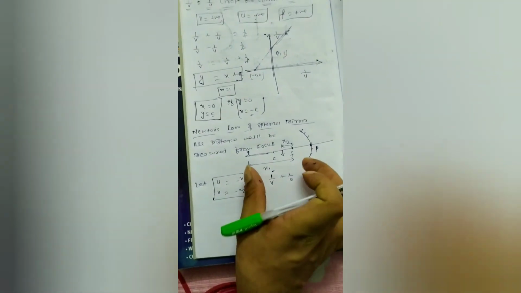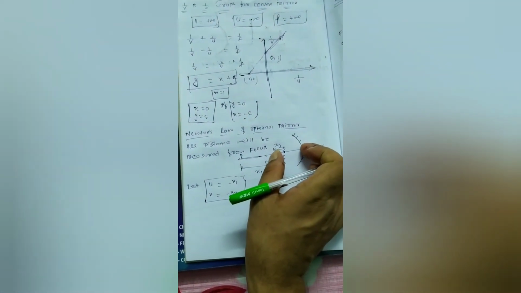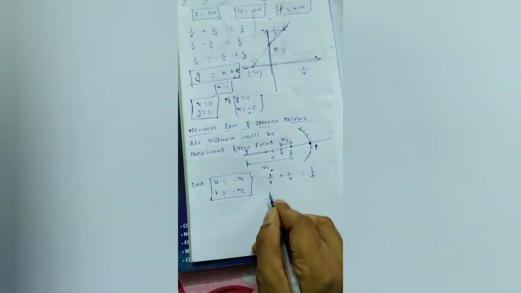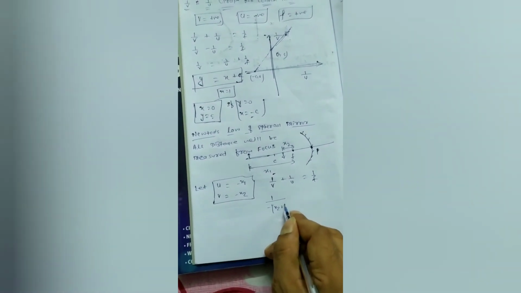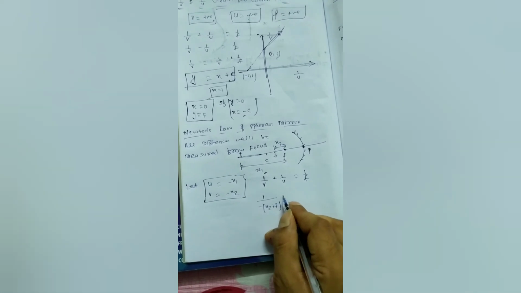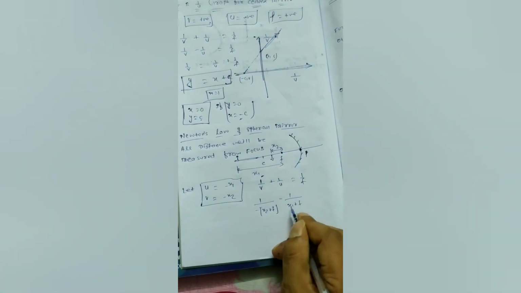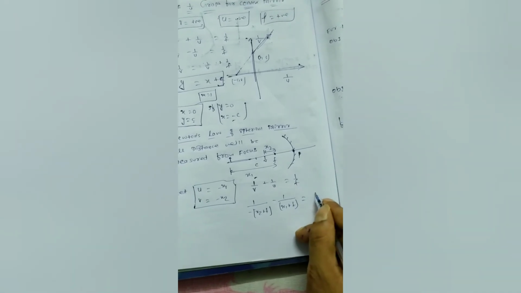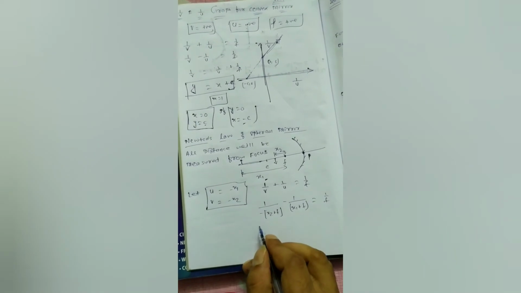But this formula is only useful from the pole, not from the focus. So tell me, what is this distance? We can say x1 plus f. What is this distance? x2 plus f. So we can write 1 by minus x2 plus f, minus 1 by x1 plus f is equal to 1 by f. Now solve this equation, take minus outside.